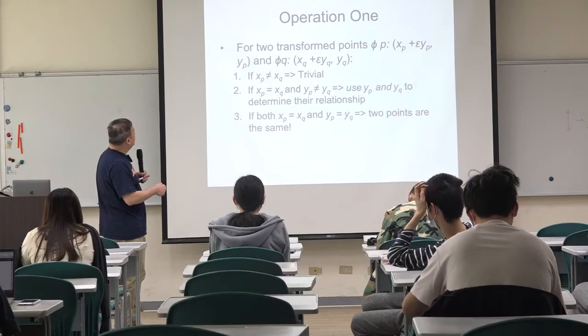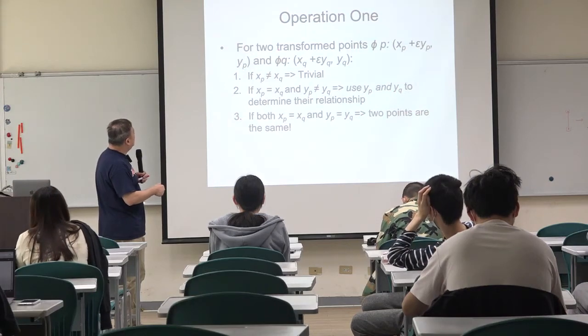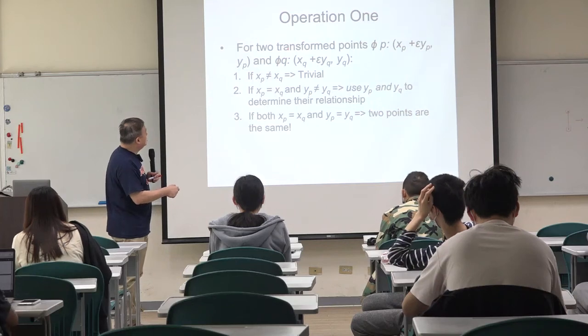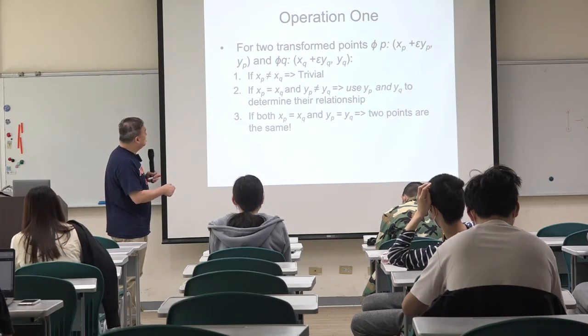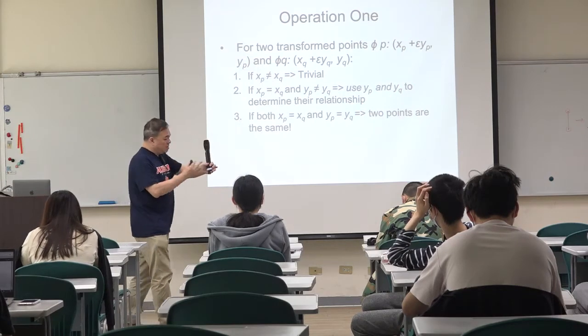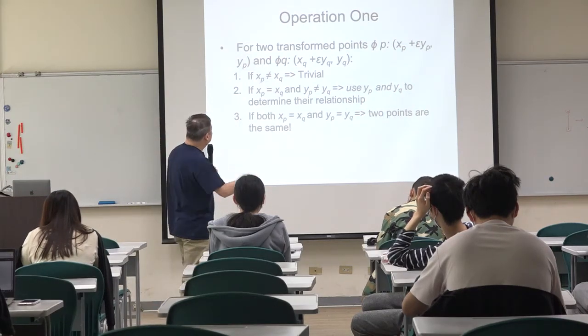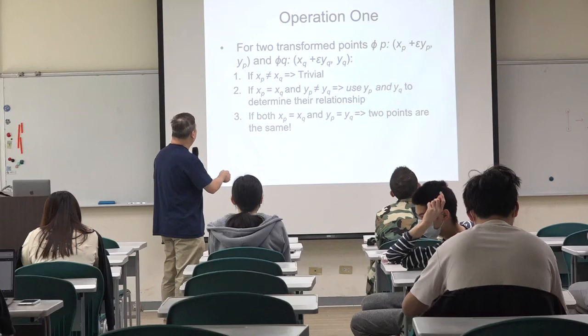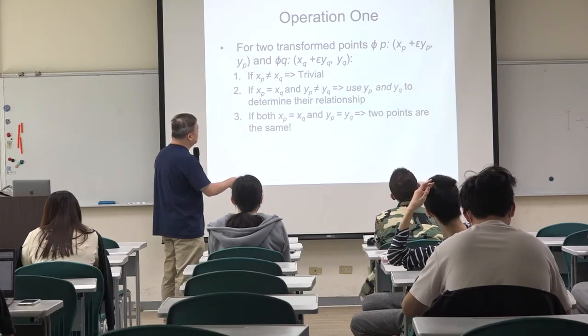Let's look at this. This is for the first case, operation 1. For two transformed points, P and Q, we need to determine the left-right relationship. After transformation, it looks like this: xp plus epsilon yp, and xq plus epsilon yq.